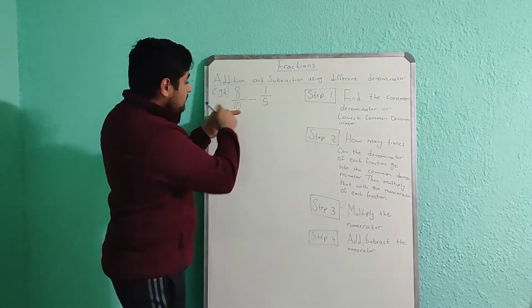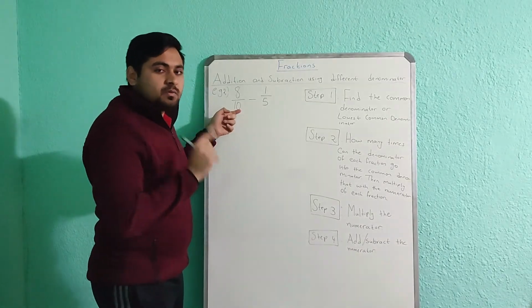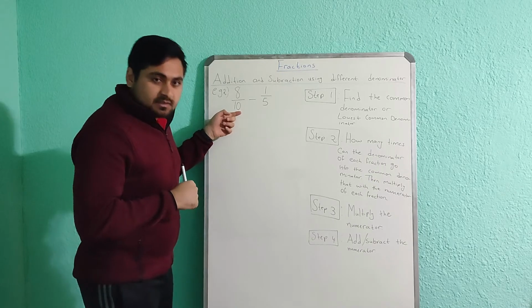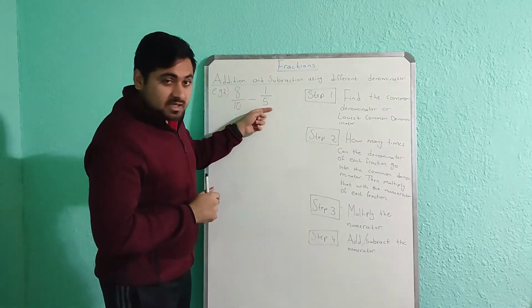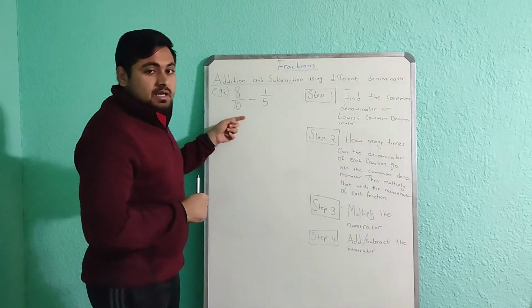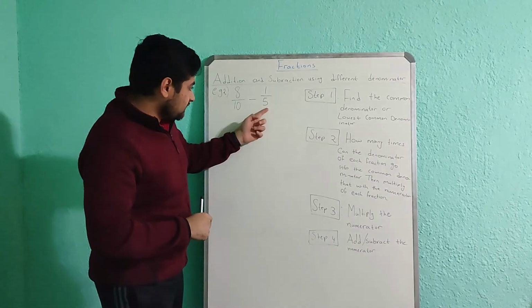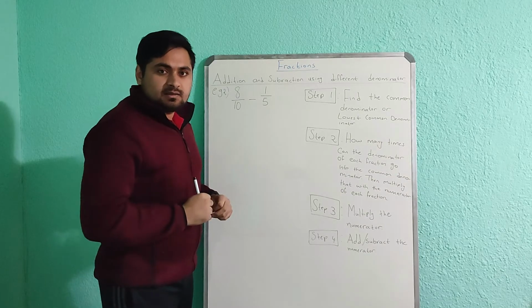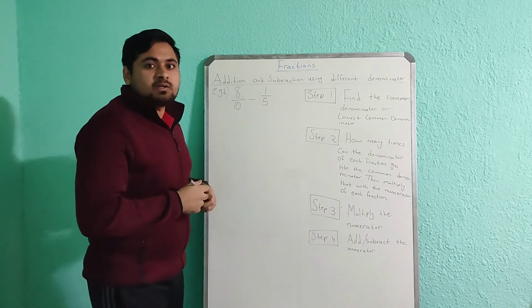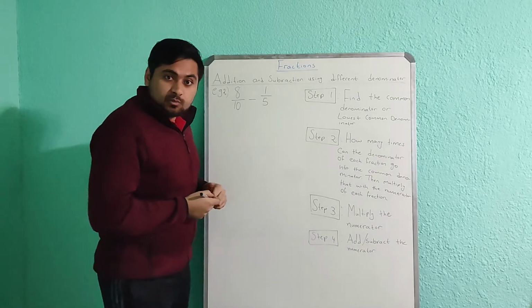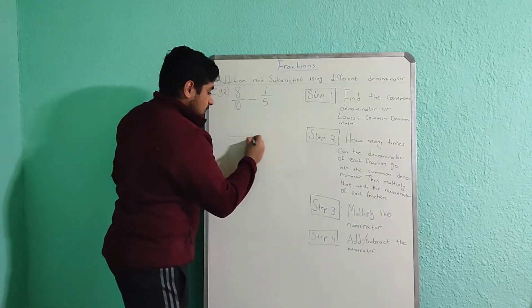Can 10 go into itself without a remainder? Yes, it can, once. Now we ask, can the denominator of the second fraction go into 10 without a remainder? Yes, 5 can go into 10 twice, without a remainder, because 5 times 2 is 10. So we found our common denominator, which is 10.